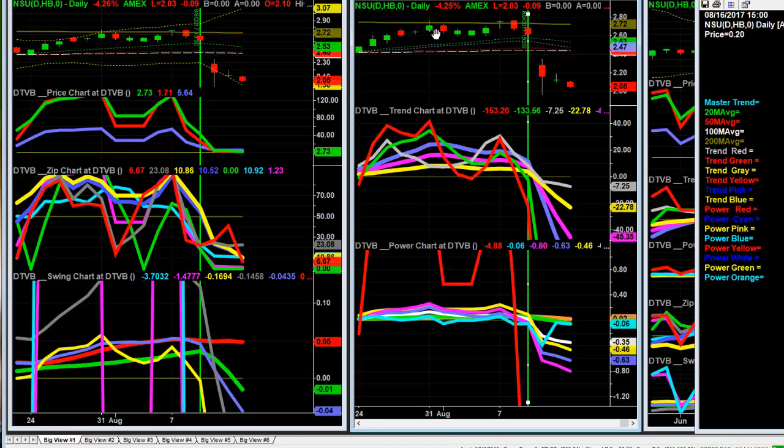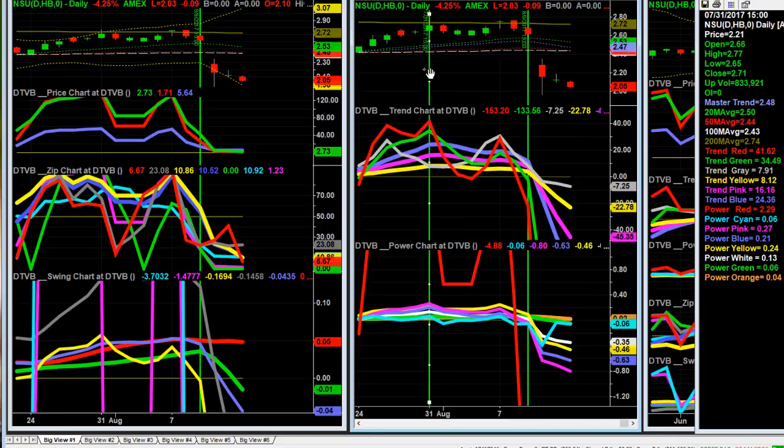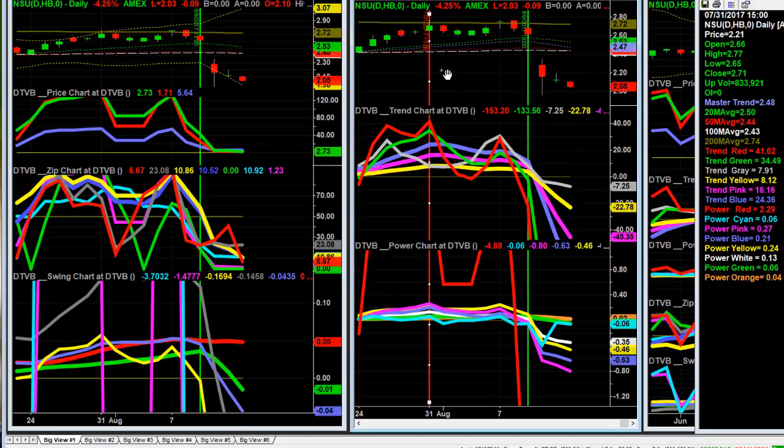For example, I'm going to draw in another vertical line. If you look at this peak right here on the red vertical line, you will see that that red peak is lower than this red peak over here as far as value is concerned. The candle is bigger or higher than it is.